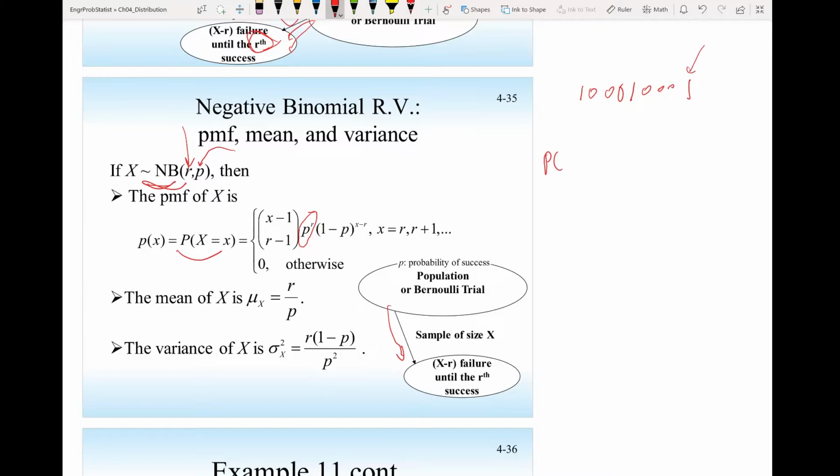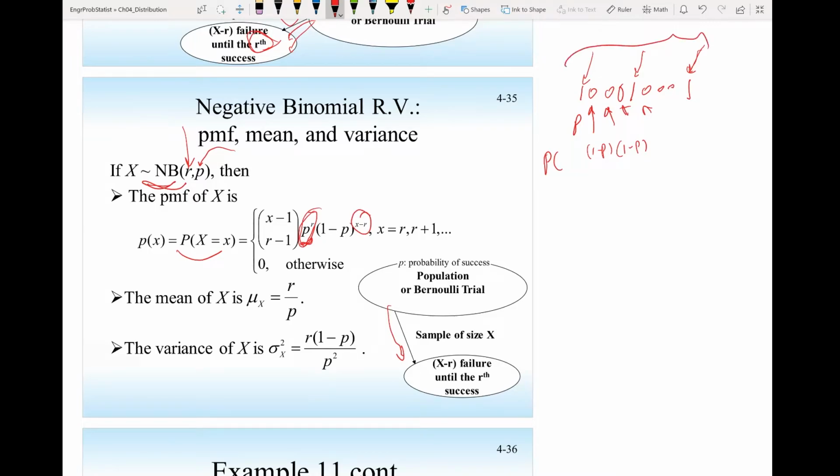You got the third success. So you have 3 successes here, and the probability of success is p, so that will be p to the power of 3. And this is failure, 1 minus p, times another failure, 1 minus p, and so forth. So how many failures do you have? Well, you have x minus r. That's how many failures.